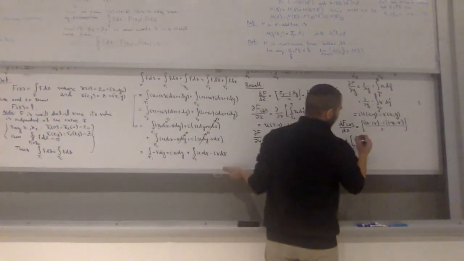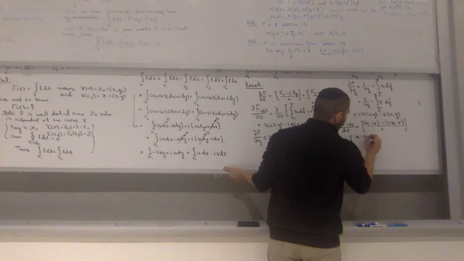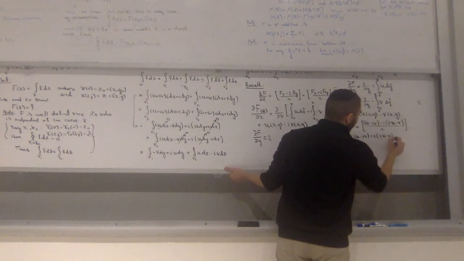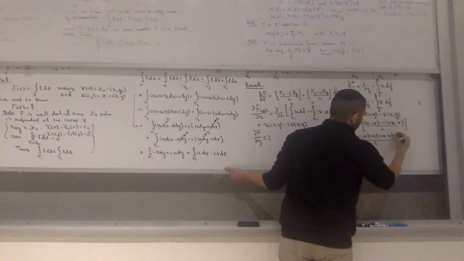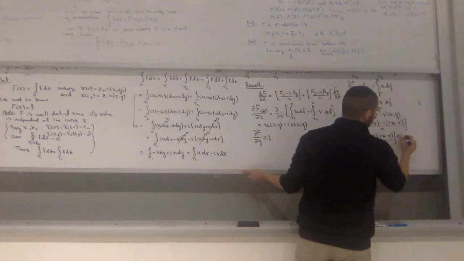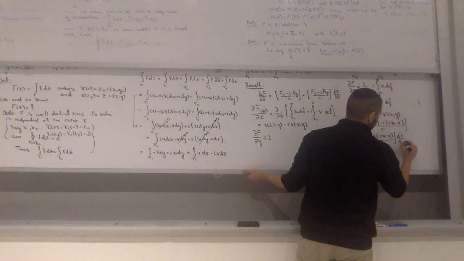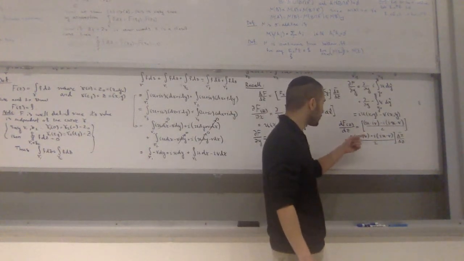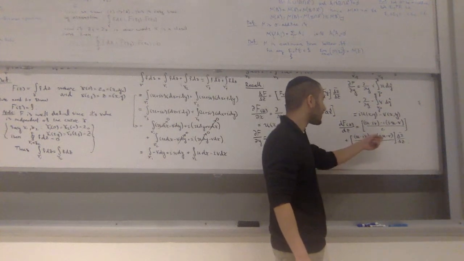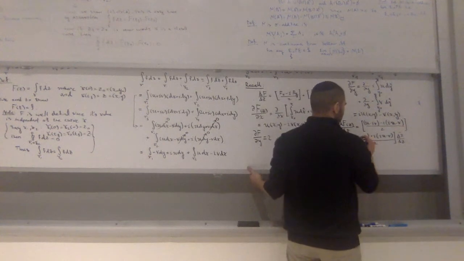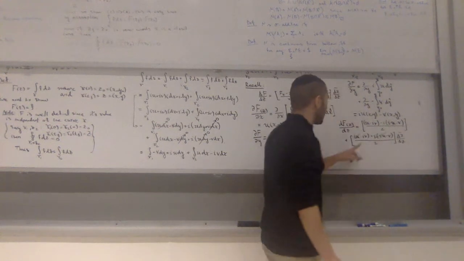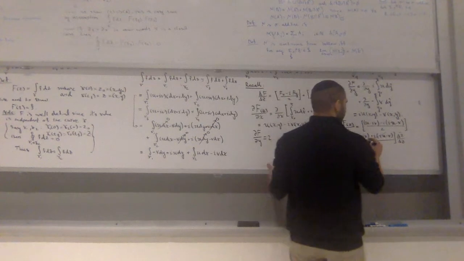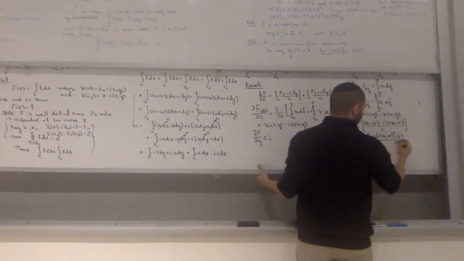So f sub x again, u minus iv plus i times iu minus v over 2, over dz bar. It's clear that u plus i times u is 0, so these cancel. Minus iv plus i times negative v is of course 0 as well. So this part is 0.